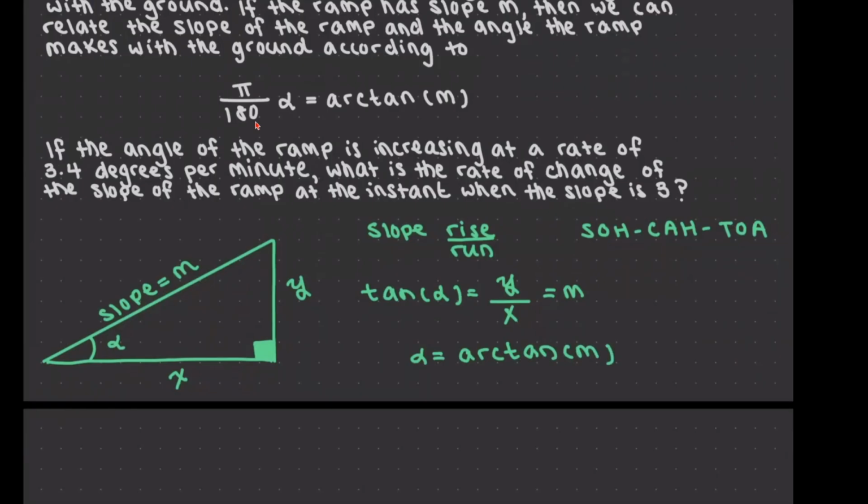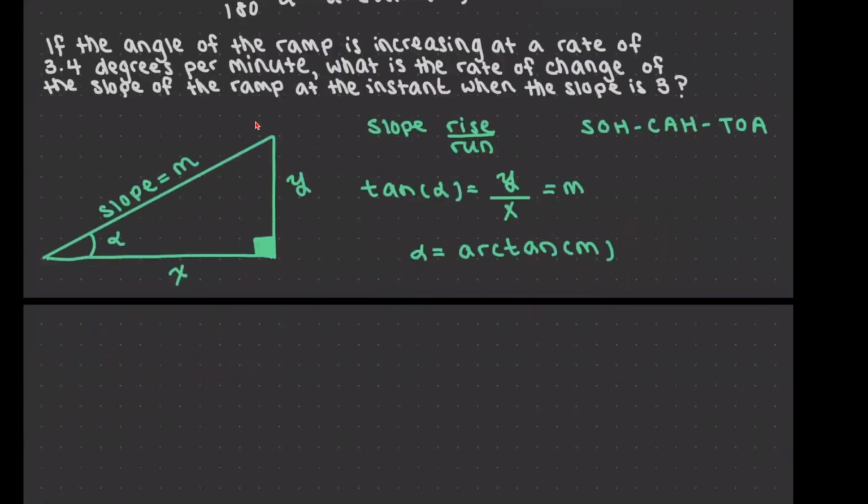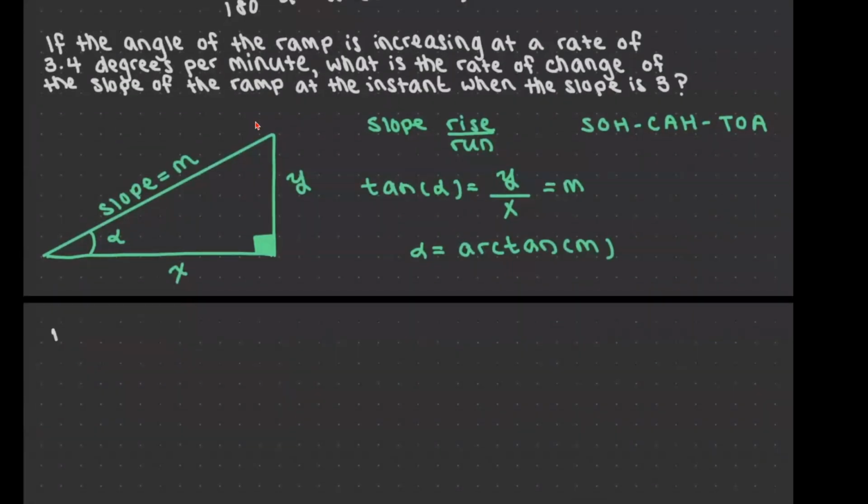Now, this is really close to the formula that they've given us here. But what's happening is they're converting from degrees to radians. Alpha is given to us in degrees. As a little aside, I know that pi radians is equal to 180 degrees.